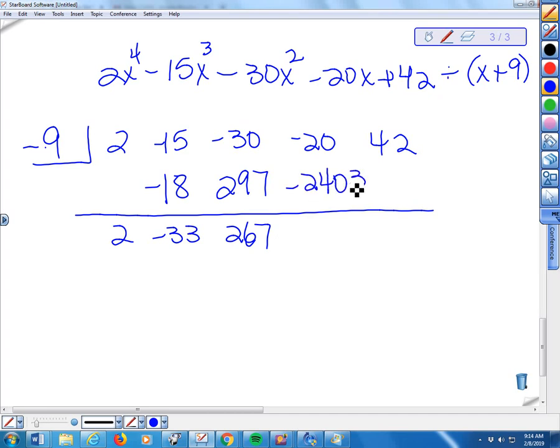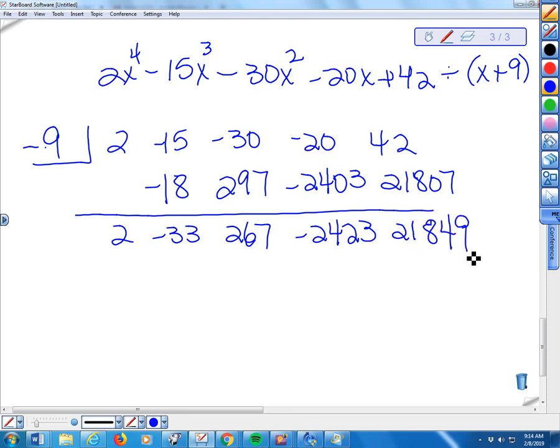Add those. 2423 times negative 9, 21807 plus 42. You used really big numbers.